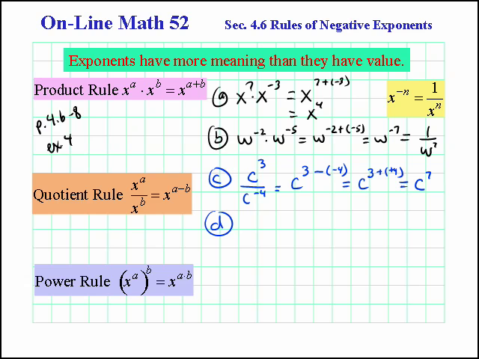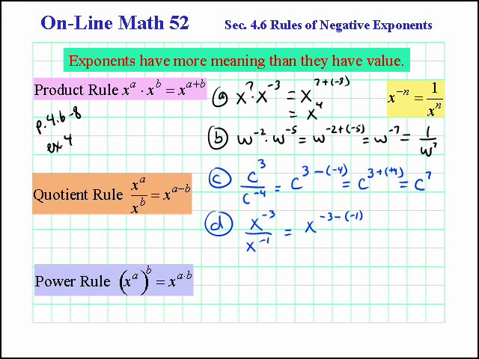Let's see. Part D of this example says we have x to the negative 3 over x to the negative 1, which is x to the negative 3 minus negative 1. Again, quotient rule, right? Quotient rule means we subtract top exponent minus bottom exponent. That's exactly what I did. Top exponent minus bottom exponent.